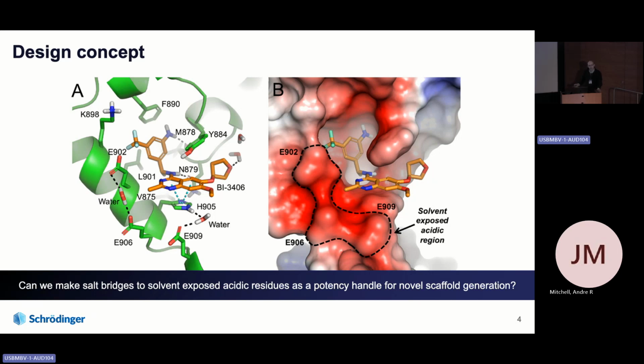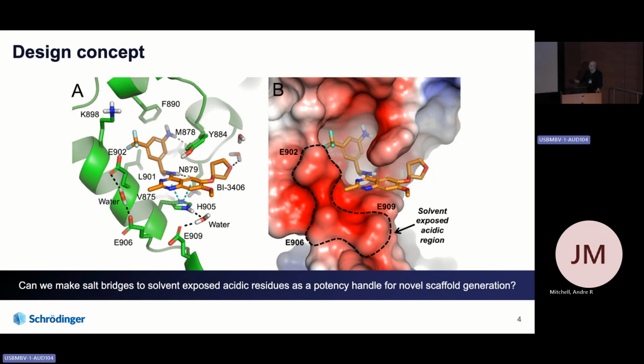And what was very interesting when we ran an electrostatic surface calculation is we found that those three anionic residues actually form a contiguous region of negative charge, which we took to calling the solvent exposed acidic region.